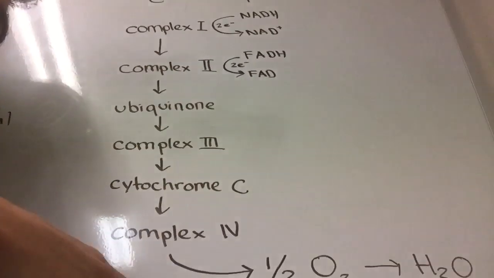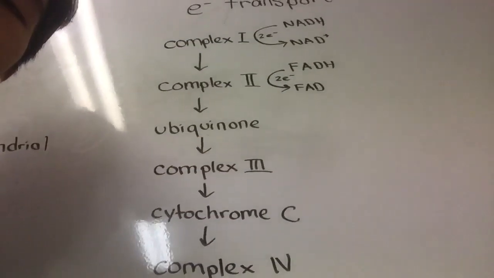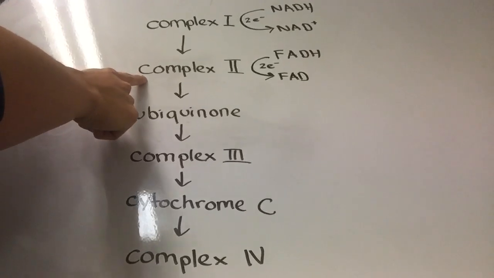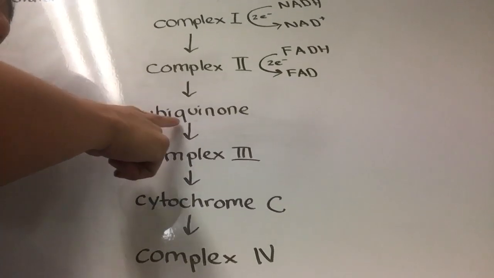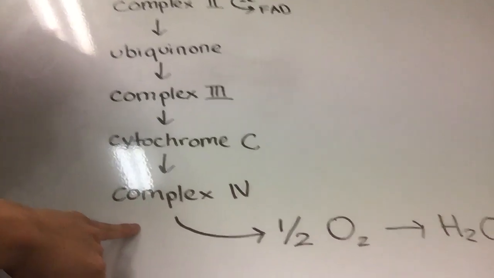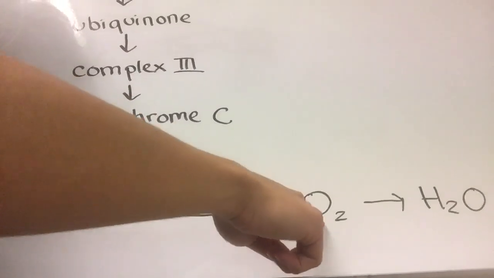In the process, it will release free energy and create a proton gradient. As you can see, it starts off with complex 1, moves on to complex 2, ubiquinone, complex 3, cytochrome C, complex 4, and then finally it donates its electrons to oxygen, creating water.